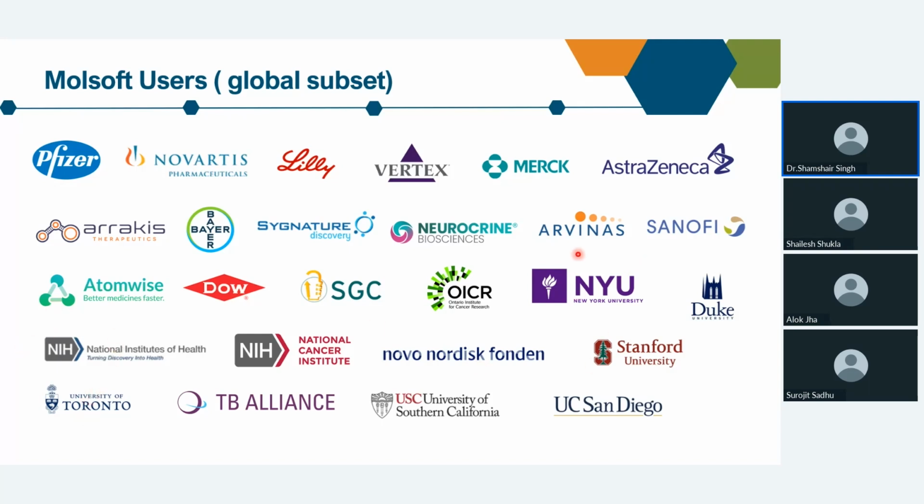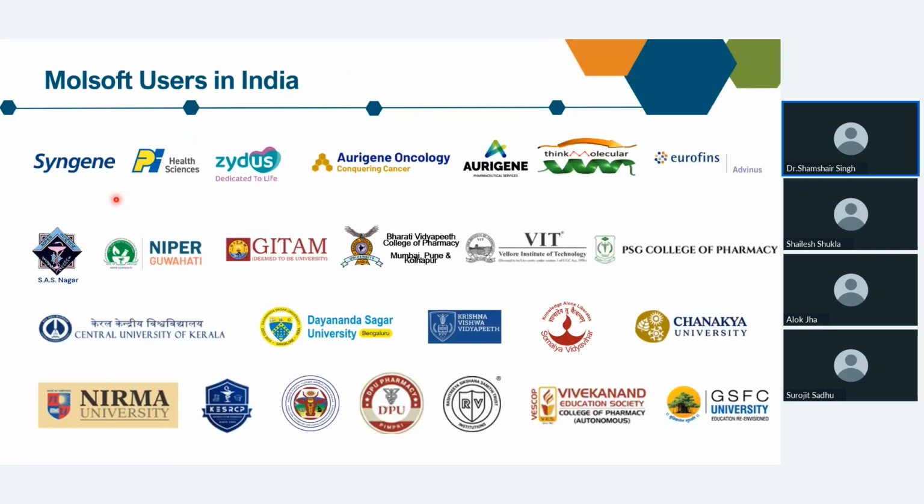And coming to Arvinas, as today's topic is on Molsoft, Arvinas is one of the leading organizations in developing PROTACs. They are also using Molsoft for their molecular modeling simulations. Coming to Molsoft users in India, the biggest CRO in India, Syngene, also uses ICM Molsoft for their research.